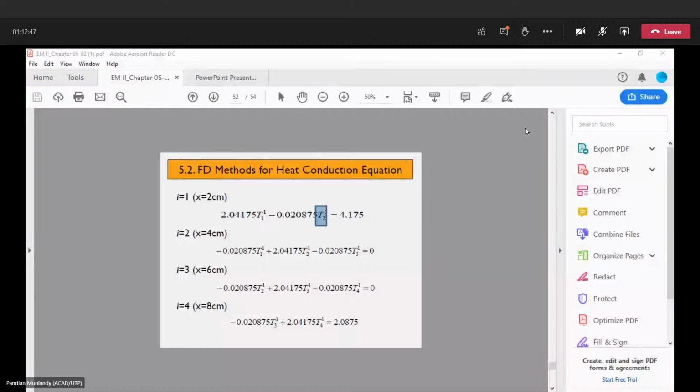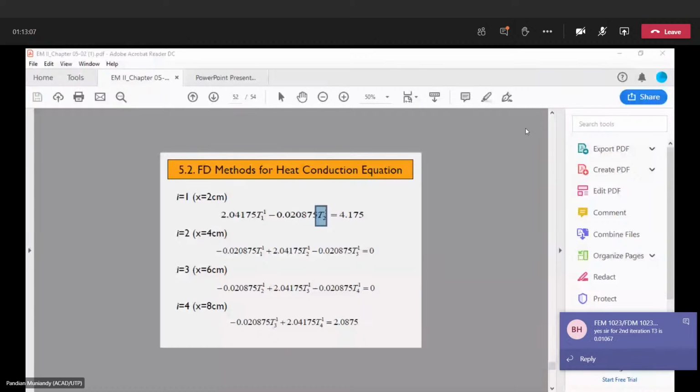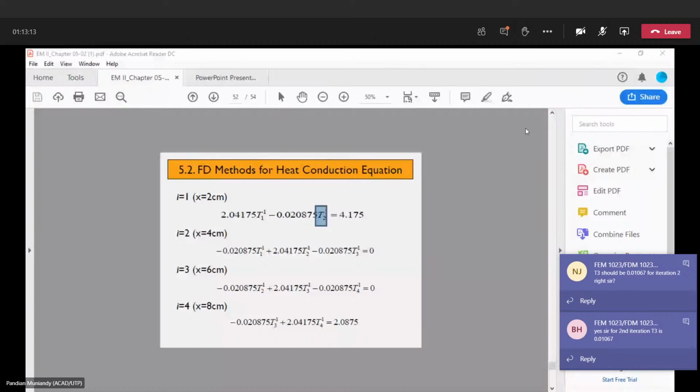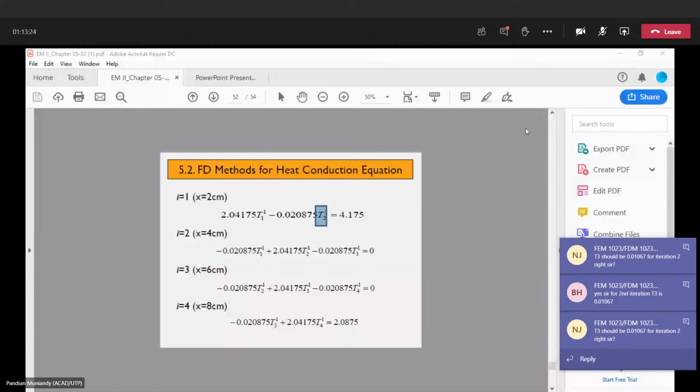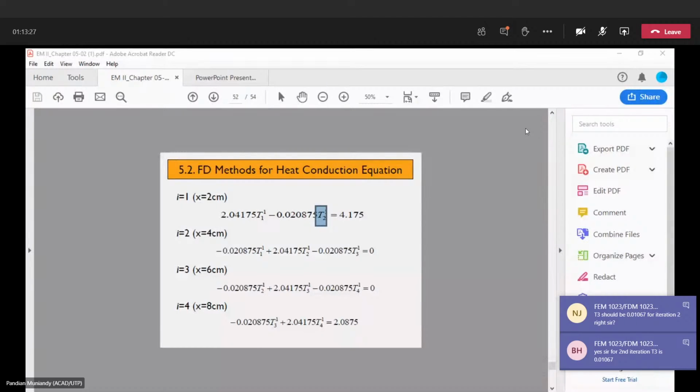T13, we are in iteration 2, right? Iteration 2. Sorry. For T13, we use the third equation. T12 you use 2.0.